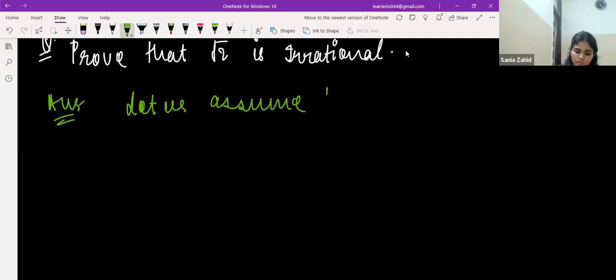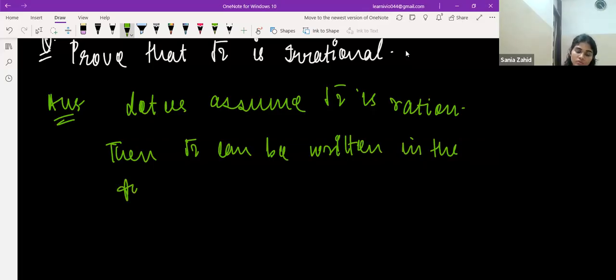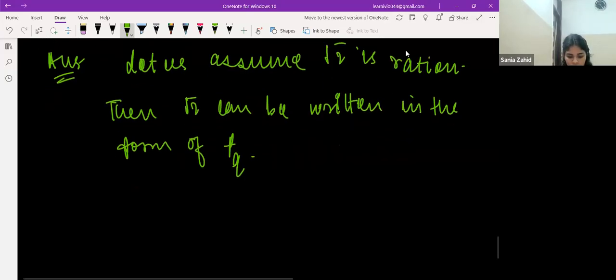Now if root 2 is rational, then root 2 can be written in the form of p by q. Yes or no? Umair?